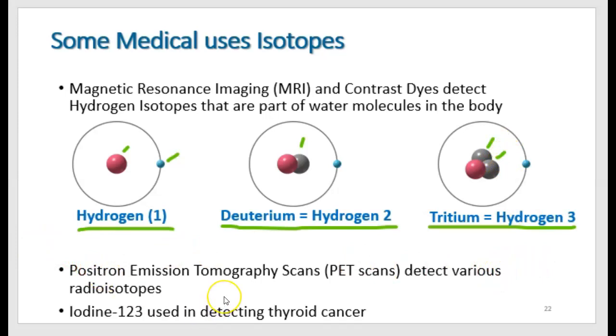There are also certain isotopes that are radioactive and they decay at certain rates. So PET scans, positron emission tomography scans, detect various isotopes. And also sometimes we use the isotope iodine 123 to detect thyroid cancer.